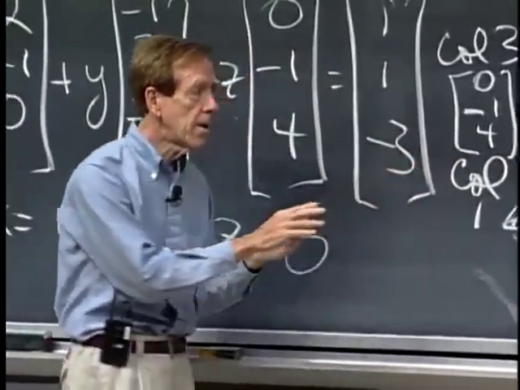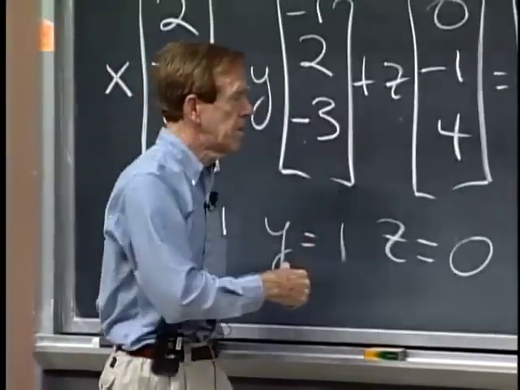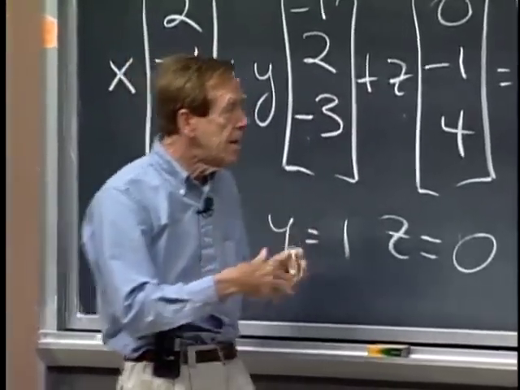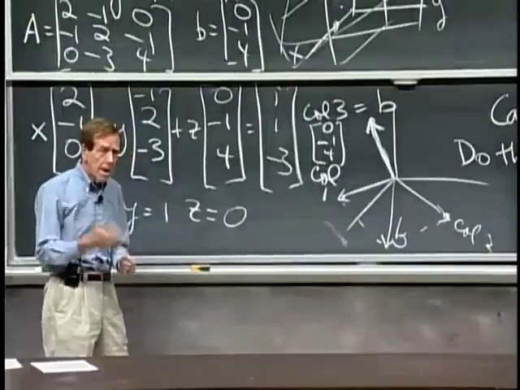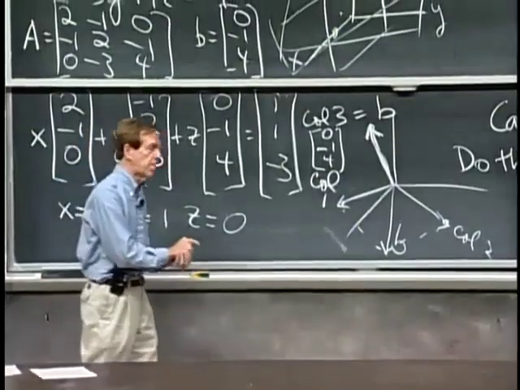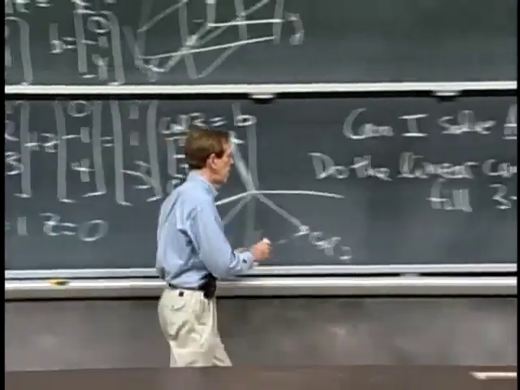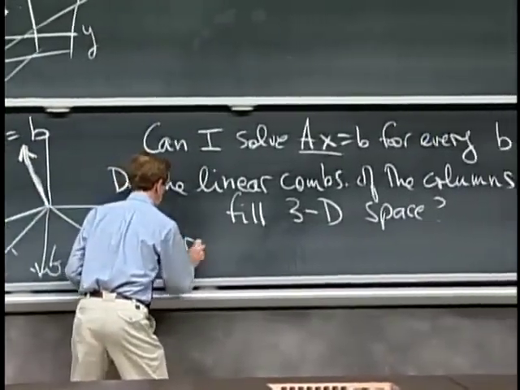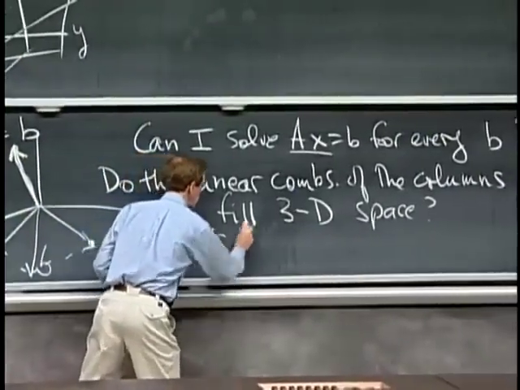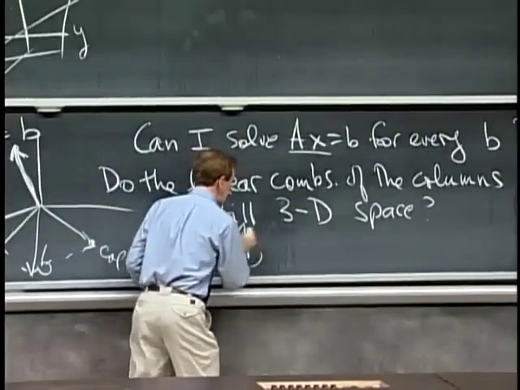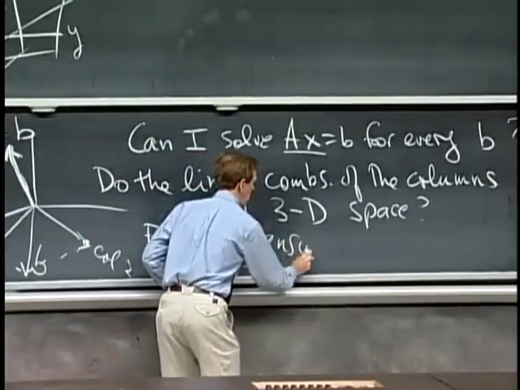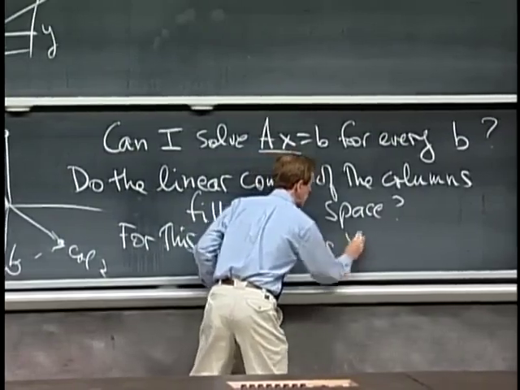I'm taking linear combinations of these 3 columns, and I'm trying to find B. And actually, the answer for this matrix will be yes. For this matrix A, for these columns, the answer is yes.